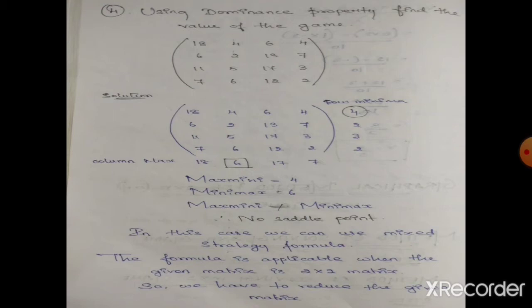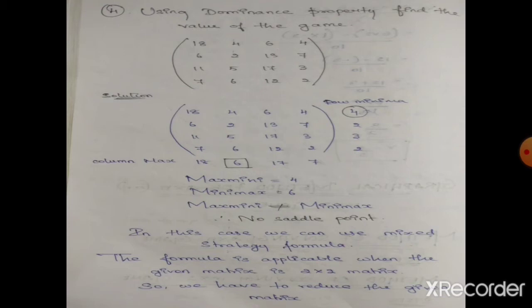Here they have given a 4 by 4 matrix. So for this, as usual, you have to come with the row minimum value and column maximum value. Here the first row the minimum value is 4. Second row the minimum value is 2. Third row minimum value is 3.